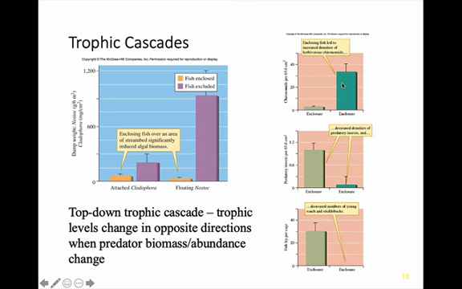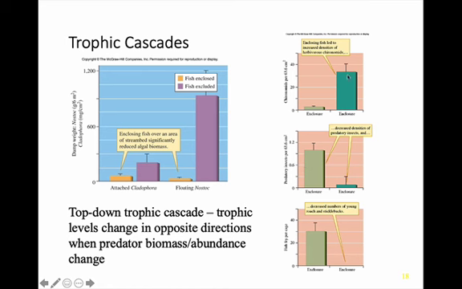Zooplankton are predators. Fish are top predators. They eat the predators. Fish eat zooplankton. Zooplankton eat the herbivores. And so if you enclose fish, they will eat the zooplankton. That will increase the number of herbivores.